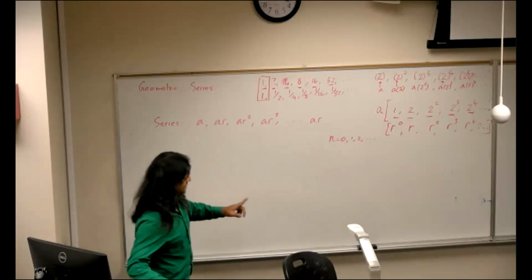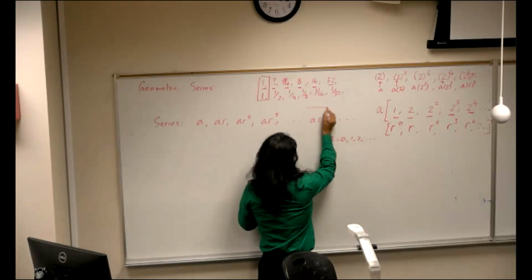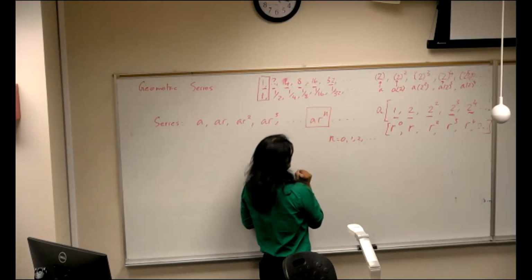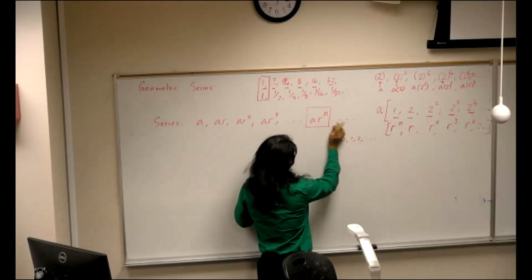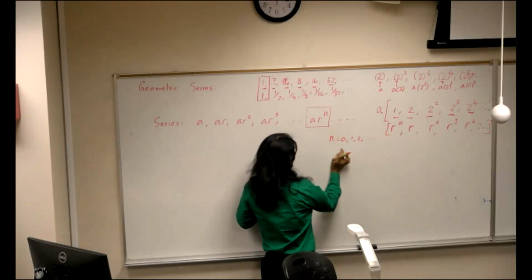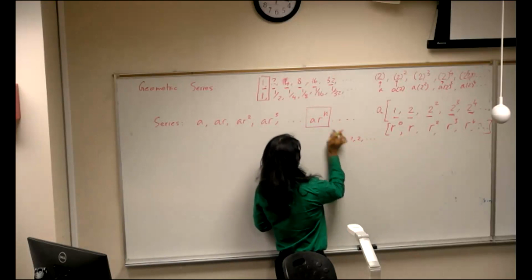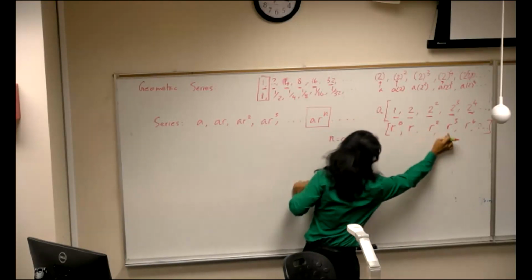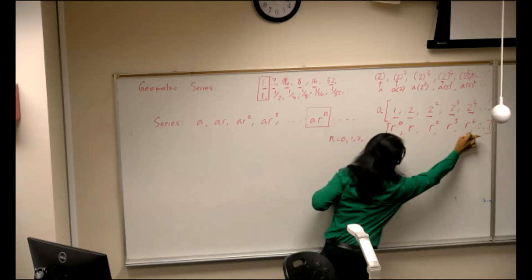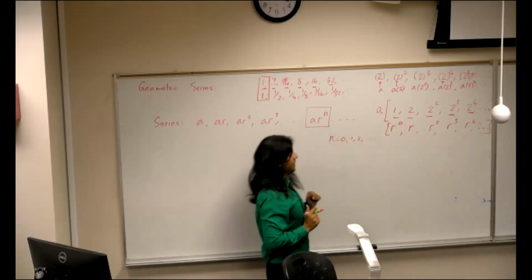Right? So this has to be n, because n equals 0 would give me that term, n equals 1 would give me that term, n equals 2, that term, n equals 3, that term, 4, that term. Good? Yes?